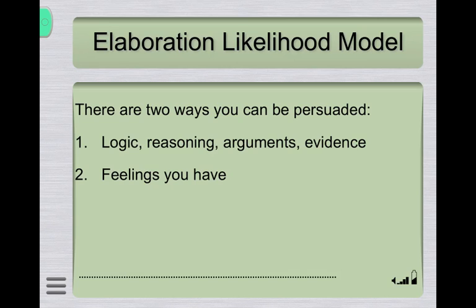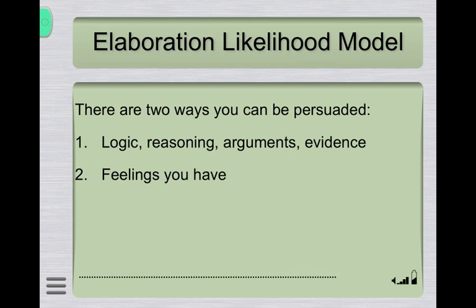Some people would say, well, that's manipulation. I wouldn't use those words. I think it's using the knowledge that the elaboration likelihood model presents, and that is we all have feelings, and our feelings affect how we behave, our beliefs, attitudes, and values.